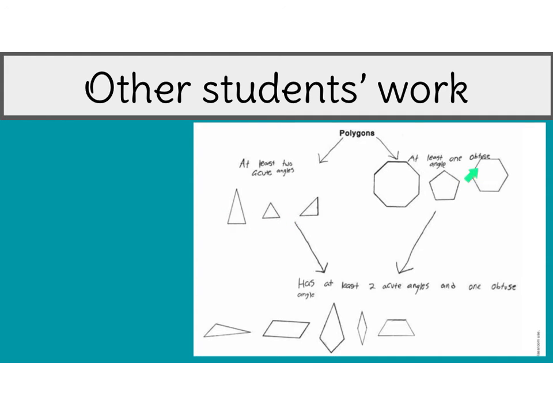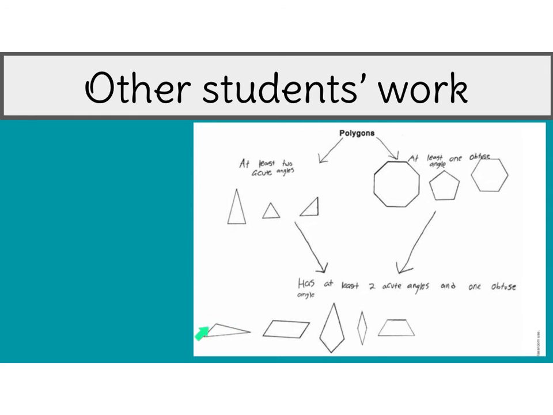At least 1 obtuse angle. Okay, so I see an obtuse here, obtuse here. Those all have at least 1 obtuse. And then has at least 2 acute angles and 1 obtuse angle. So again, looking for 2 acute and 1 obtuse.